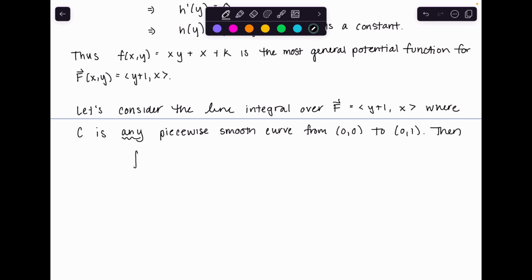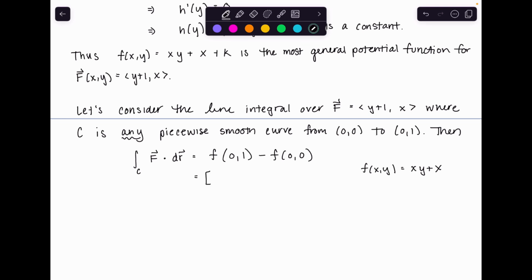Then the line integral over any curve is just going to be this potential function at the ending point minus the potential function at the initial point. And you don't have to worry about the plus k in this case, because it's the same thing as when we do a basic integral. You can pick k to be 0. So our function is xy plus x.